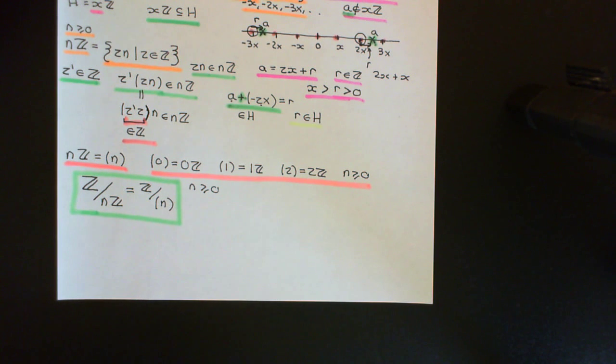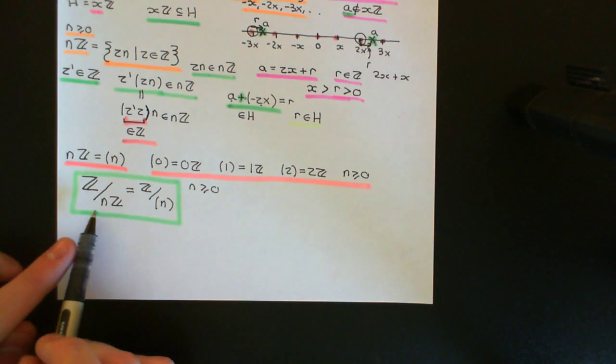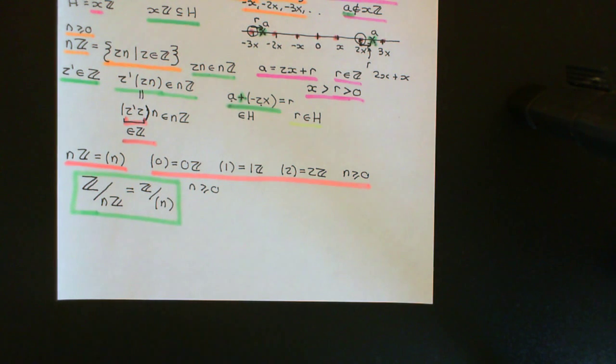Whenever you quotient any ring out by the 0 ideal, you just end up with something that's isomorphic to the initial ring back again. We discussed that in the video on quotient rings. So if we quotient out by the 0 ideal, we'll just end up with the integers back again. So the picture I'm about to draw will apply for any other ideal of this form nℤ, except when n is equal to 0.